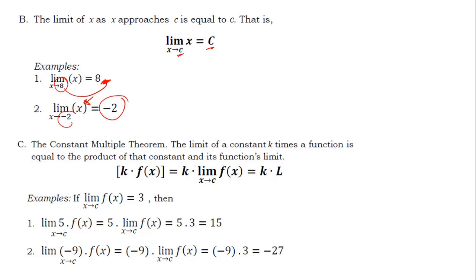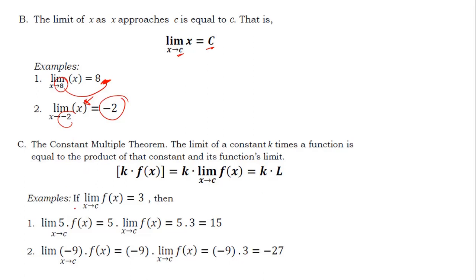The next one is the constant multiple theorem. So, with the constant multiple theorem, we are given a constant and a single variable. We have the limit of a constant k times a function is equal to the product of that constant and its function's limit.